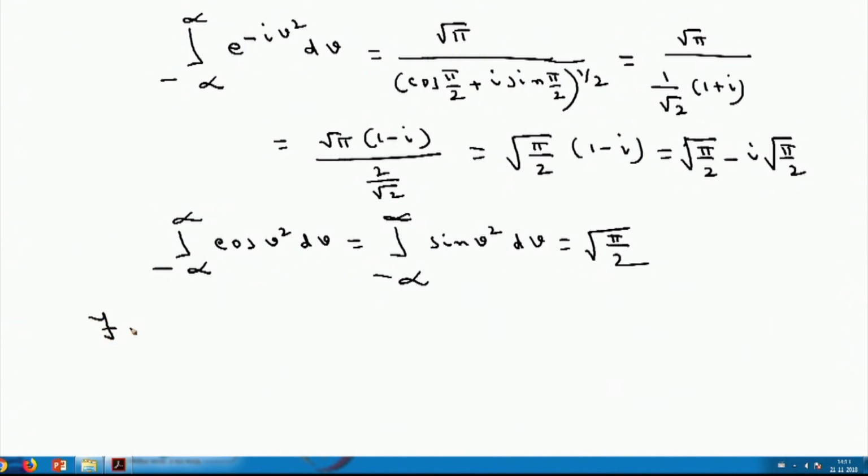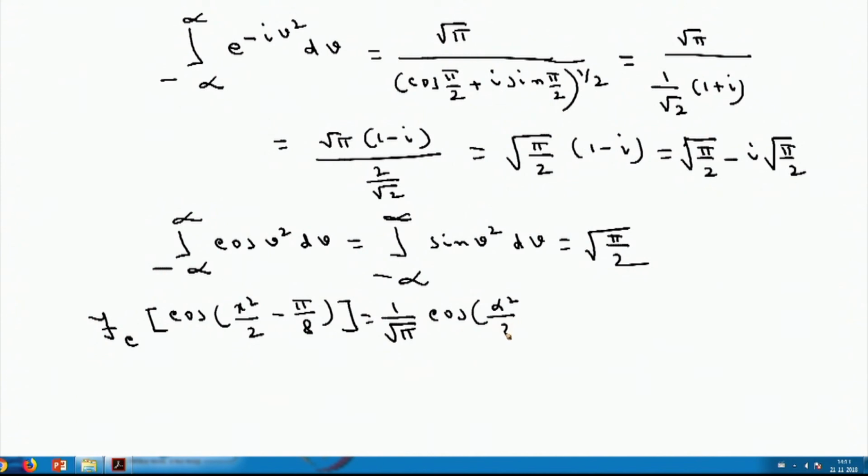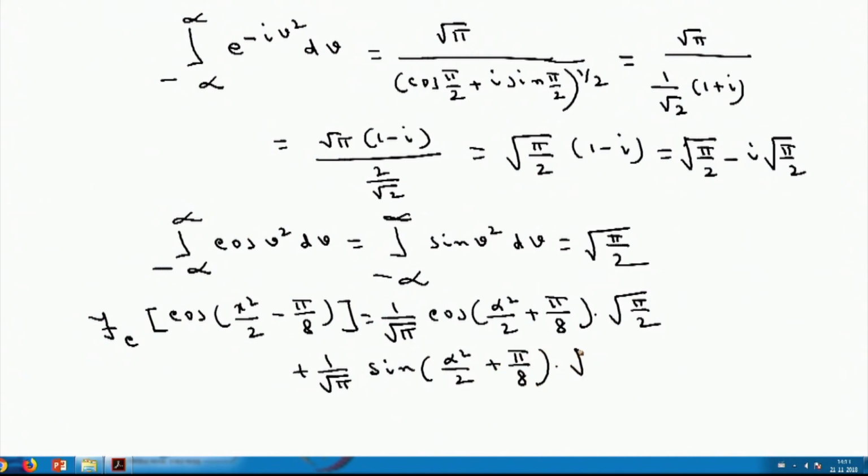Therefore, the Fourier cosine transform of cos of x square by 2 minus pi by 8 equals what I got earlier: 1 by root pi into cos of alpha square by 2 plus pi by 8 into root pi by 2, plus 1 by root pi into sin of alpha square by 2 plus pi by 8 into the value of the given integral, which is nothing but root pi by 2.